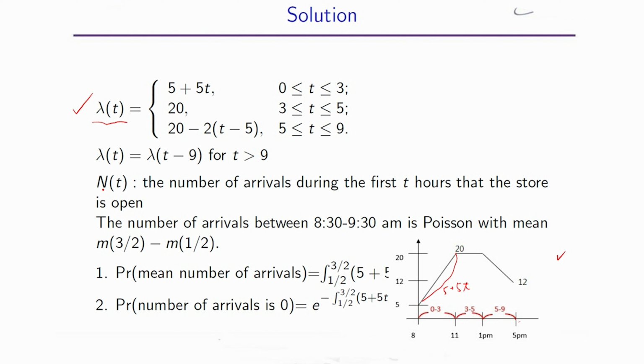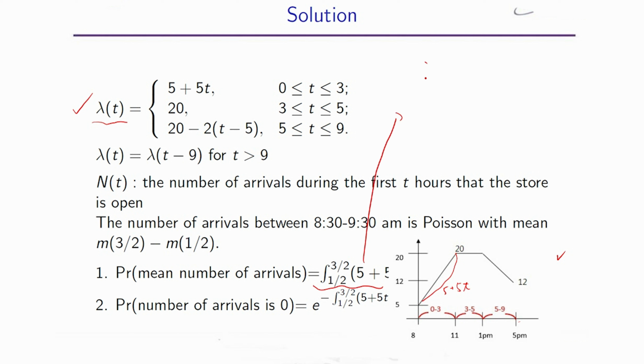Okay, so N(t) would be the number of arrivals during the first t time units that the store is open. So what about the number of arrivals between 8:30 and 9:30?